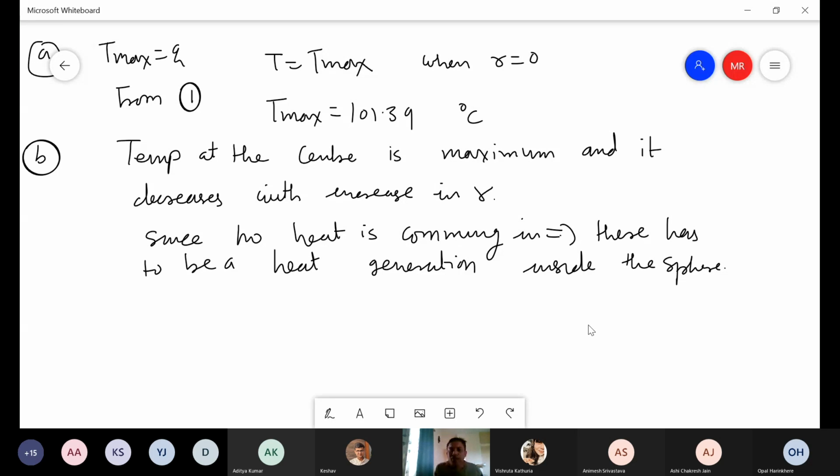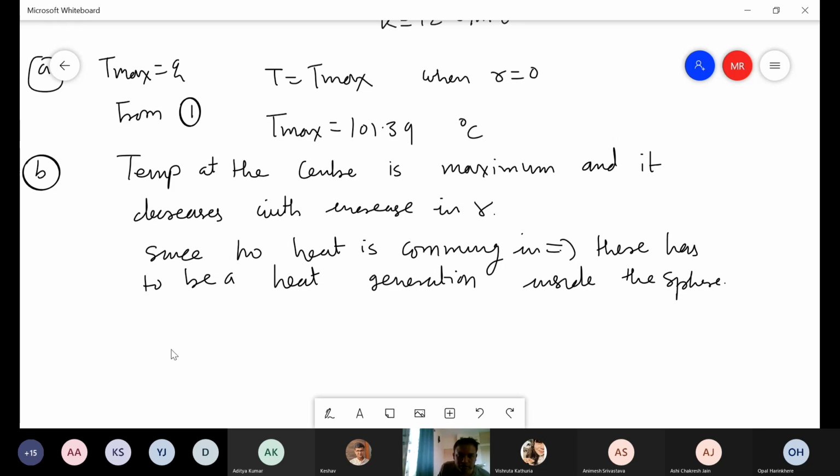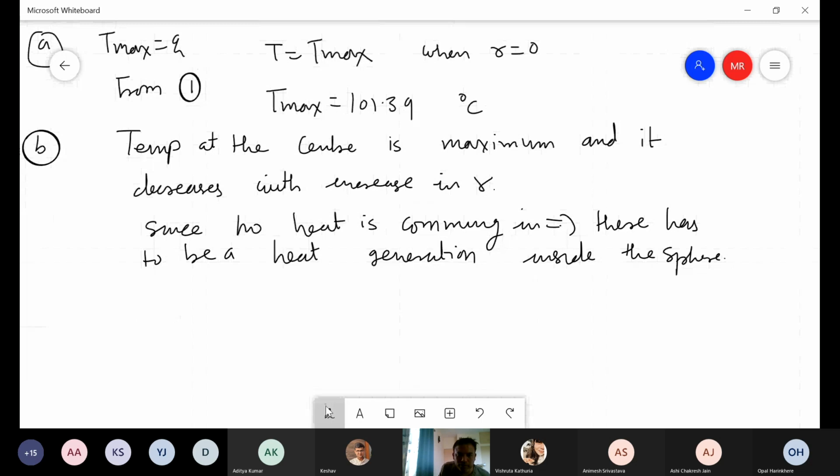Correct. So now, since in this case there is no heat coming in, there is only a heat dissipation taking place from the outer surface, isn't it? So the total amount of heat dissipated from the outer surface we can directly obtain as Q, which is nothing but the heat dissipated from the outer surface of the sphere.